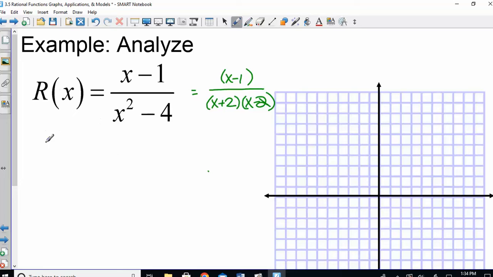X and y intercepts. Okay. An x-intercept is when y equals 0. So that's like this whole thing being equal to 0. What would you do if you were trying to solve this?